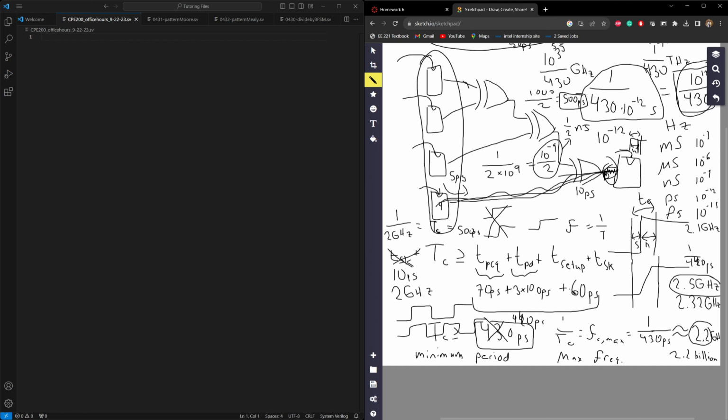And so what we're saying is that 500 picoseconds needs to be greater than or equal to this right-hand side. And the only thing we don't know is t-skew. So we have to do a little algebra here. We know that this stuff is 430 picoseconds. How would we get the maximum value of t-skew?